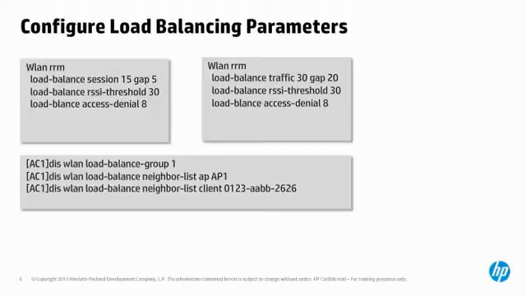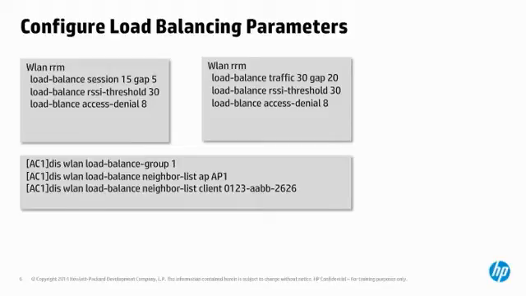To see information about AP neighbors for a particular group member, use display WLAN load balance neighbor list AP AP1. To see information about clients attached to a load balancing group, use Display WLAN Load Balance Neighbor List Client MAC Address.